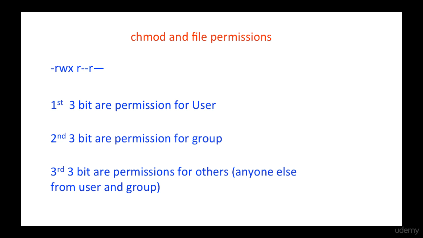There might be a user called Mike who also belongs to the group John. John is both a user and a group, and Mike is a different user but belongs to the group. Whatever permission is there in group John, Mike will also have those permissions as part of the group. If you belong to a group, you get that group's permissions by default. That's what group means.